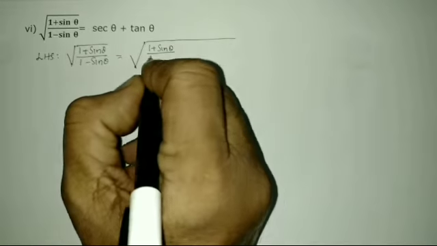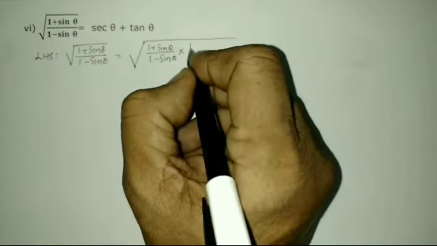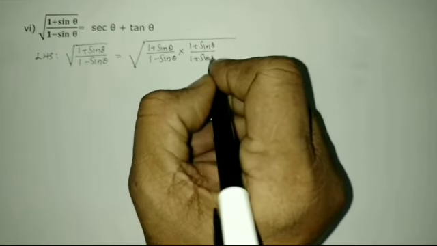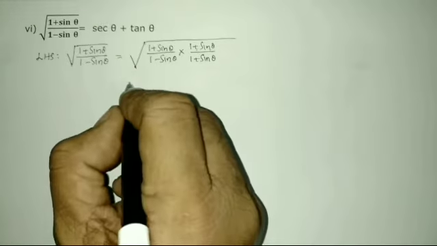So 1 plus sin theta by 1 minus sin theta into 1 plus sin theta by 1 plus sin theta. We multiply both numerator and denominator by 1 plus sin theta.